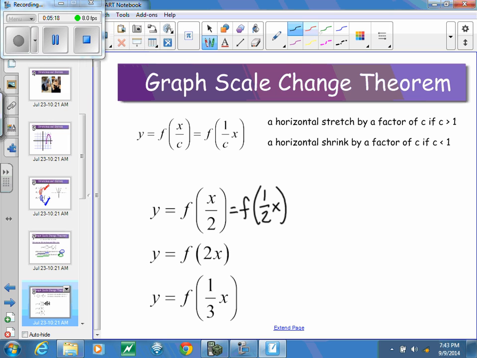And now if I want to figure out what c is, I need to look at the denominator here. So it's x divided by 2. So this is telling me that c is equal to positive 2. This means that we have a horizontal stretch by a factor of 2.